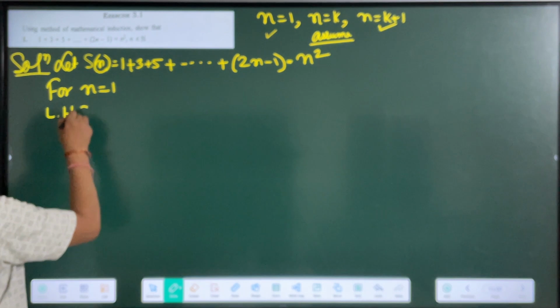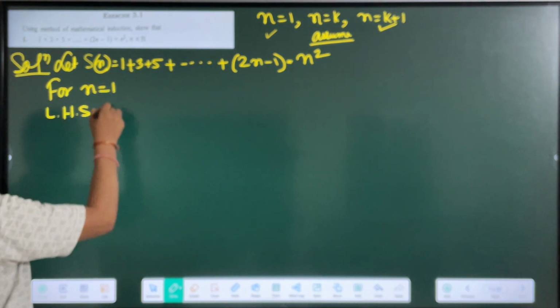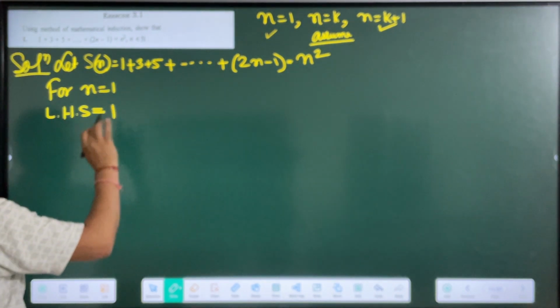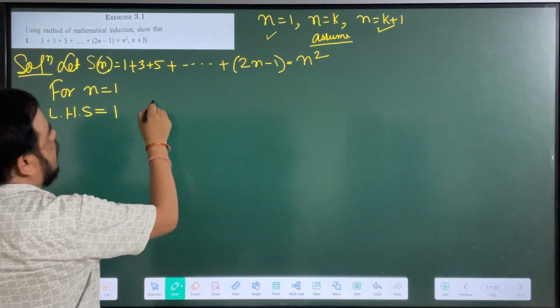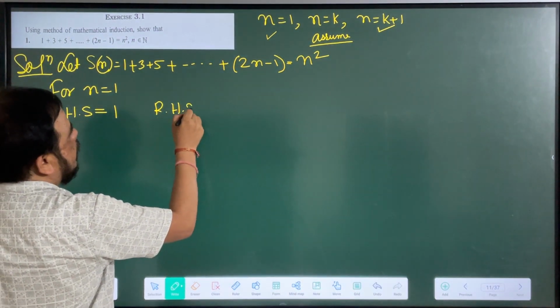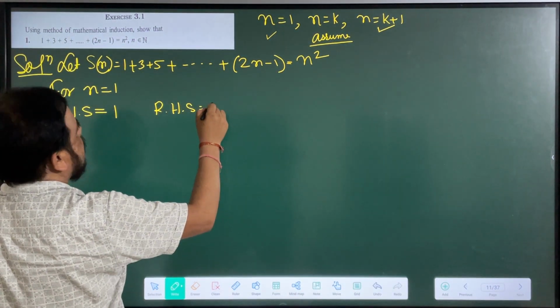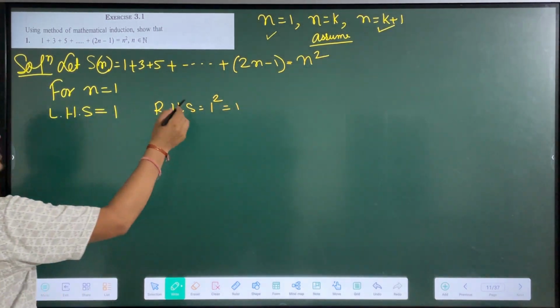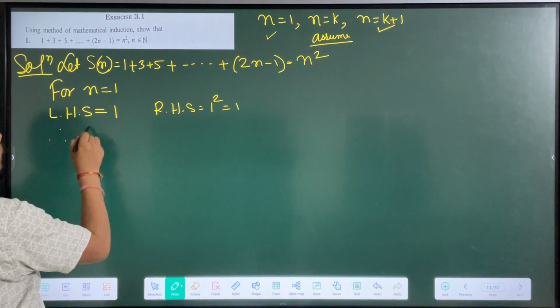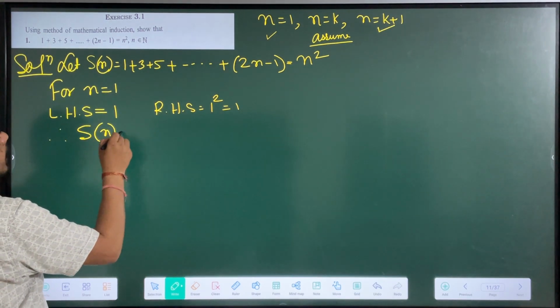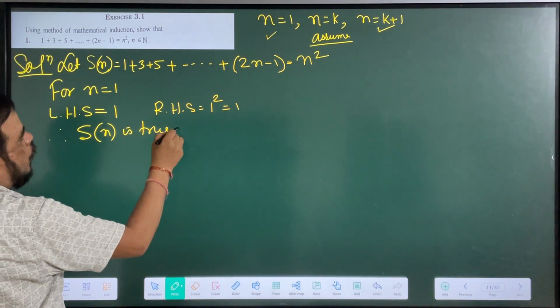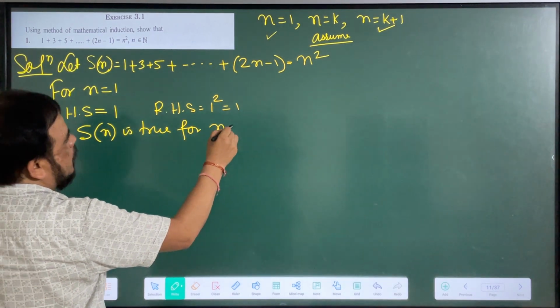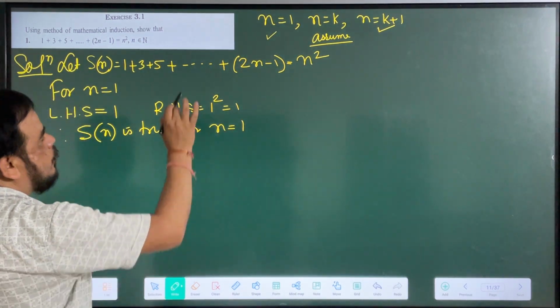LHS equals 1, is 1 only. First term 1, we cannot do anything, nothing to do here. Right hand side, n square. N square means 1 square is also 1. That means LHS, RHS equal. Therefore, Sn is true for n equals 1. That is finished. First part is finished.